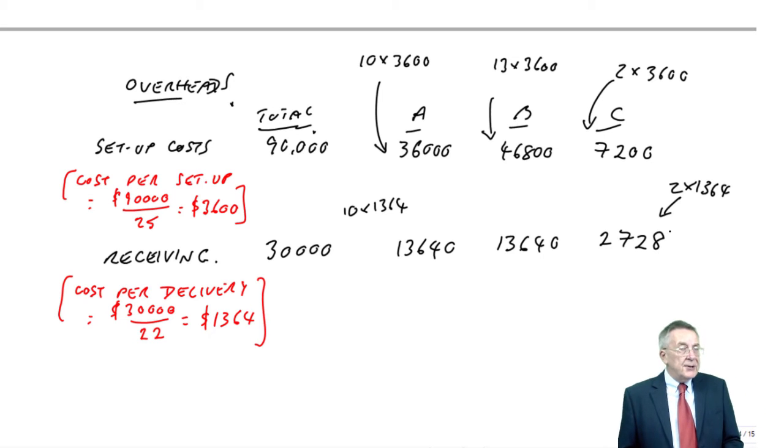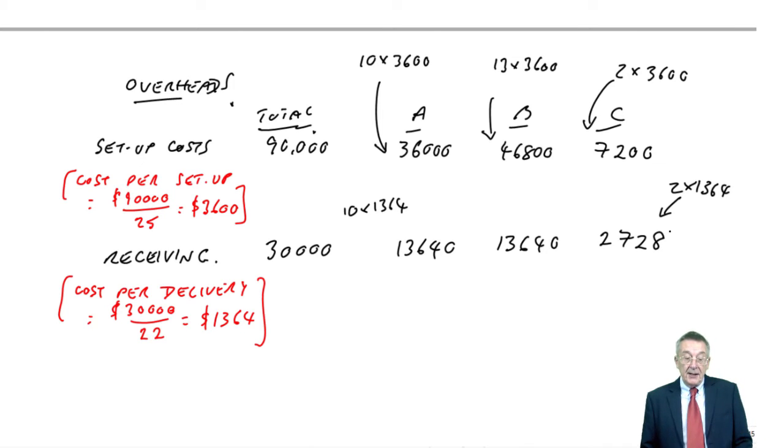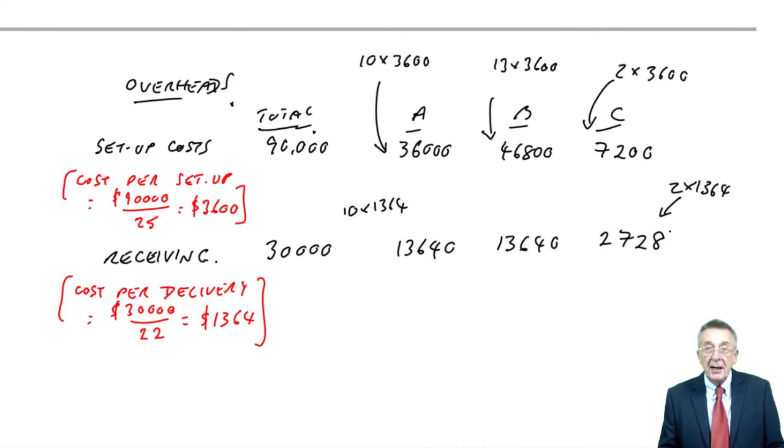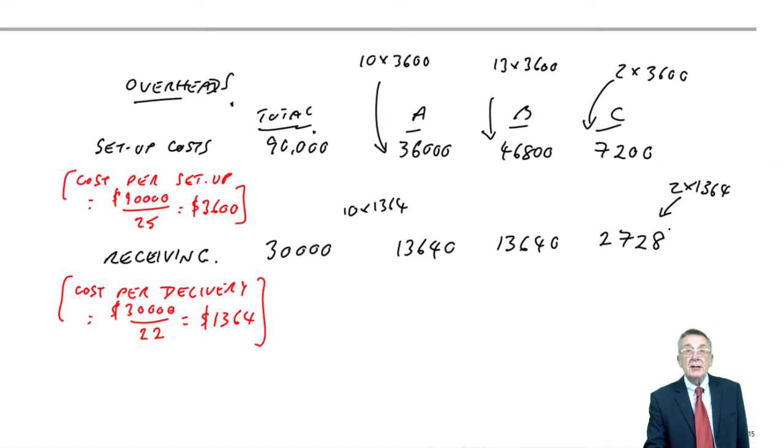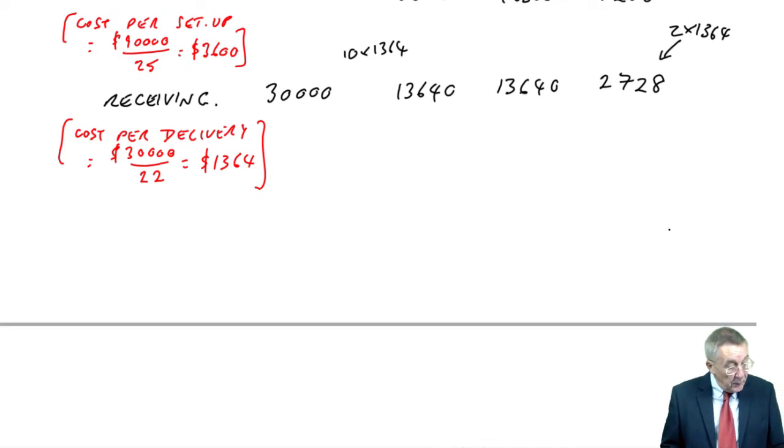Because remember, at the very end of this, I want to know the overheads per unit, and you'll see when we come to the end, a little bit of rounding here is going to make no difference. If it does upset you, then fine, do it to more decimal places. But again, you'll see at the end that it's not worth wasting the time. Anyway, let's carry on. We're nearly there.